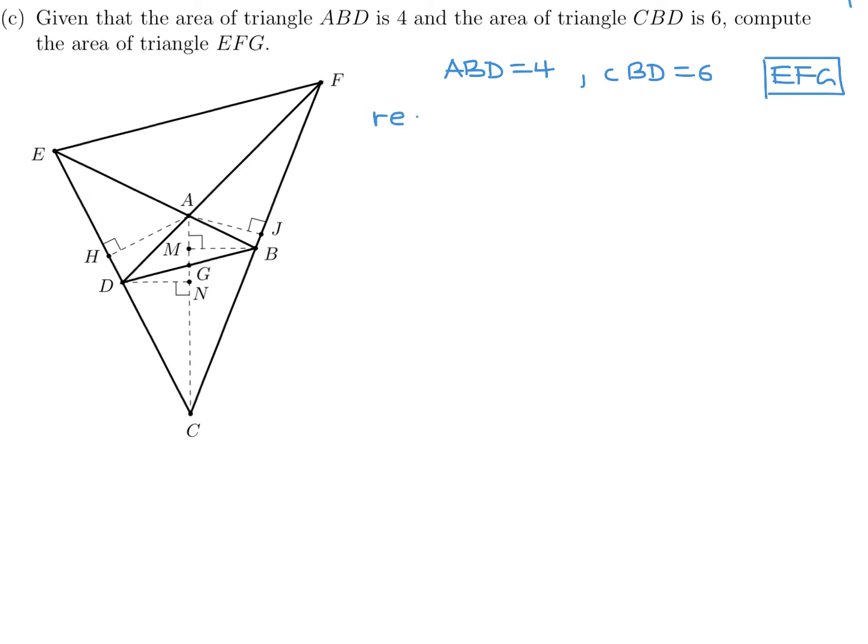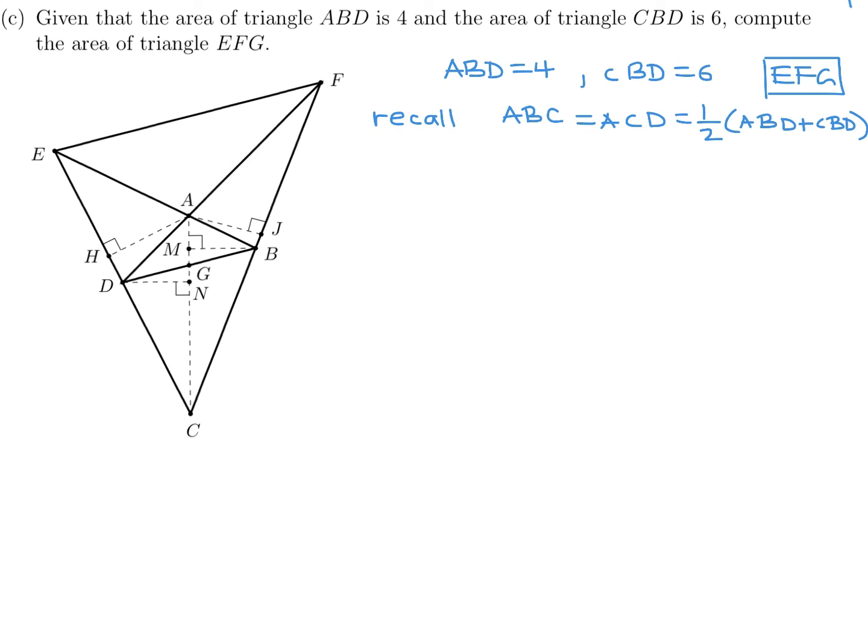Okay, so a lot of this will be sort of repeating parts A and B. And if you recall, we had figured out that ABC was equal to ACD. Now ACD, if you look at it, the diagram is really just ABD plus CBD, right?